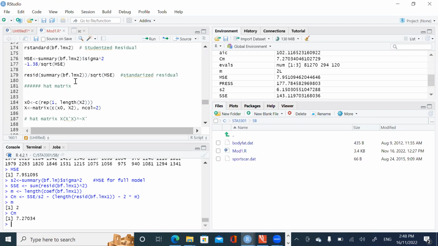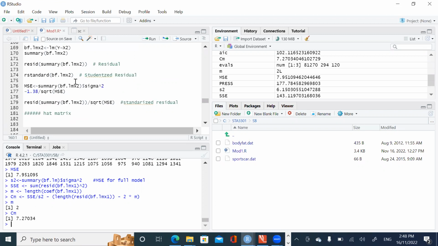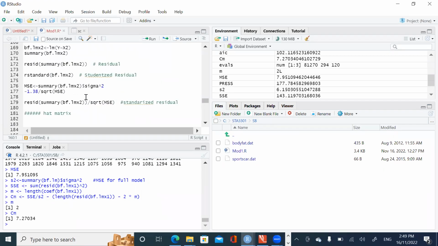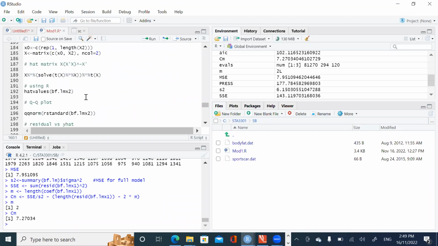I can show you from here. These are the hat values you can get from here.